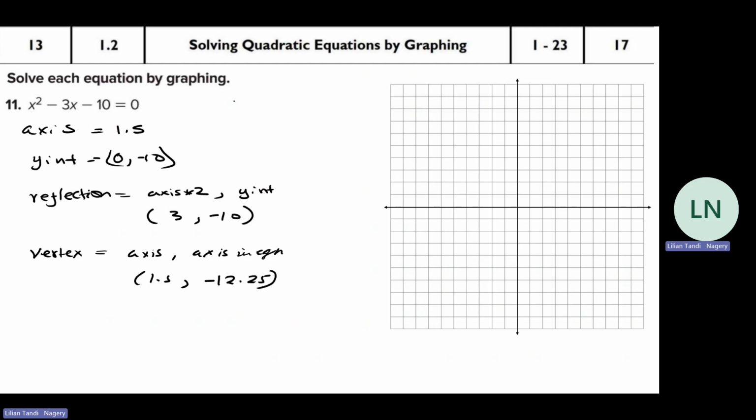Okay, then I did a table. I don't know why. I should have just done the quadratic equation. But then here, this is x, this is y. So -4. I got 16.